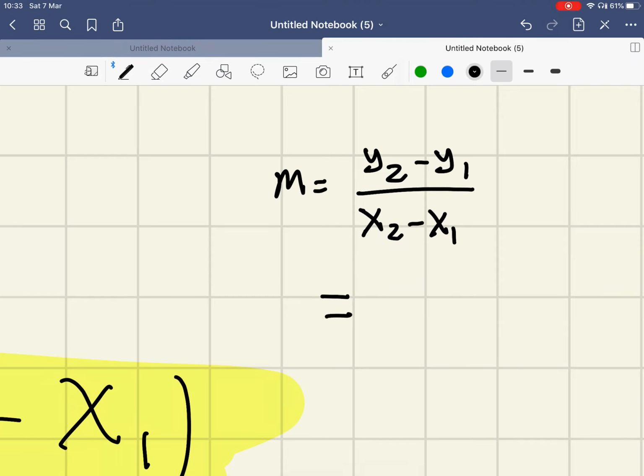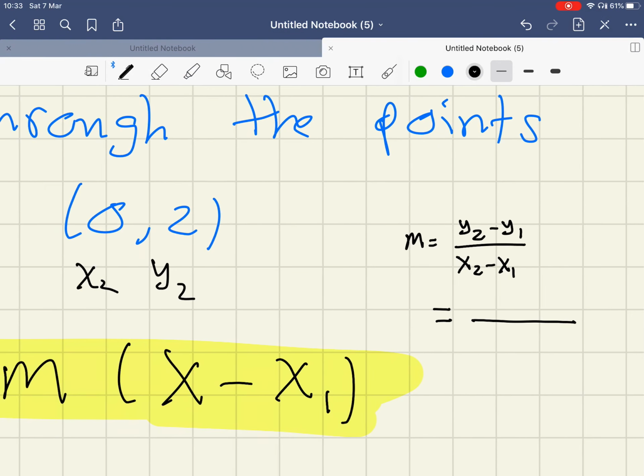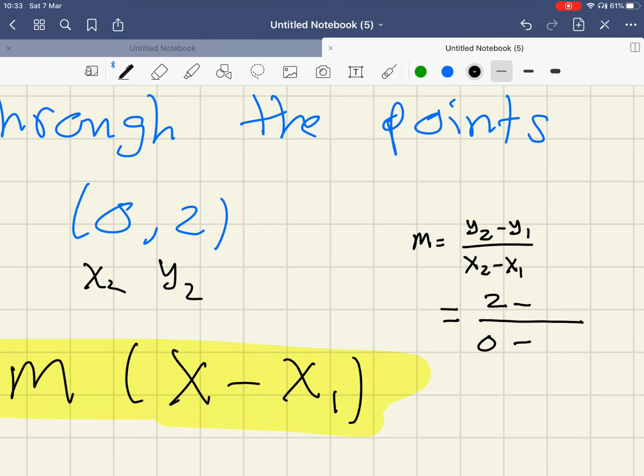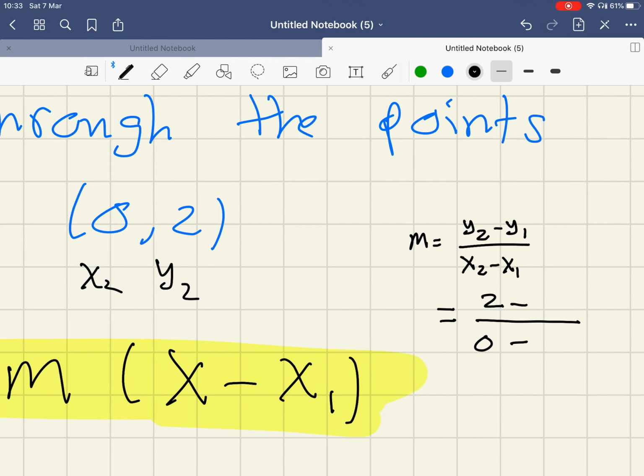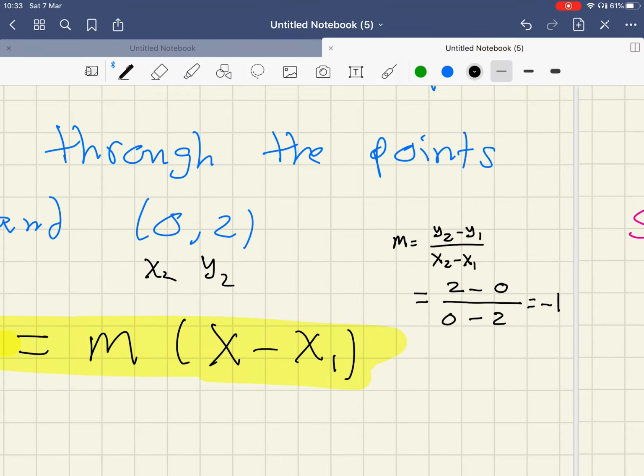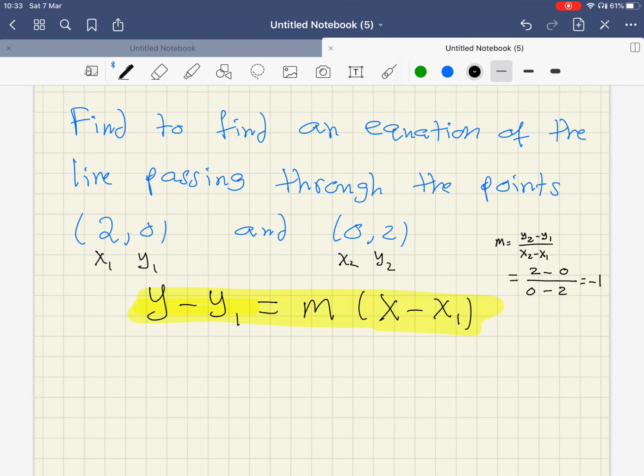So in my example, let's go back and see: y2 was 2, x2 was 0, and the other point is the opposite, so y2 is 0 and then y1 is 2. If we evaluate this one, the answer will be -1. So that's the m that we need to plug in here.